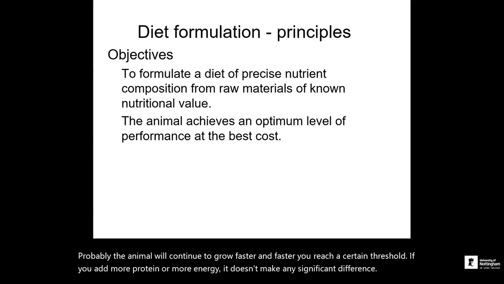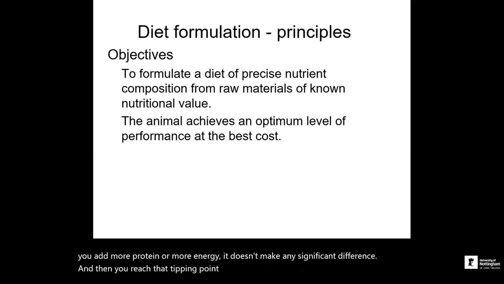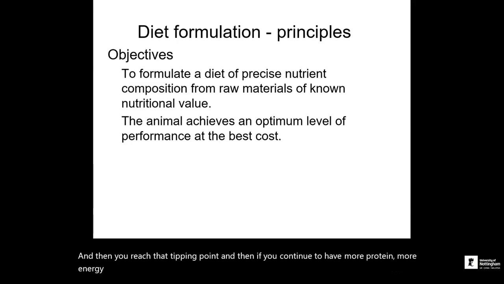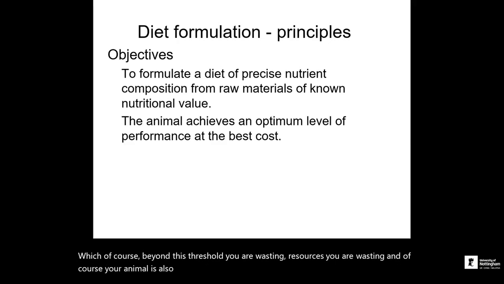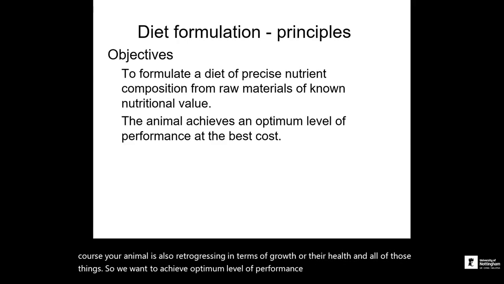And then you reach that tipping point, and if you continue to add more protein, more energy, or other nutrients, what you will get is a decline in productivity, which, of course, beyond this threshold, you are wasting resources, and of course, your animal is also retrogressing in terms of growth or their health and all of those things. So we want to achieve optimum level of performance at the best cost.